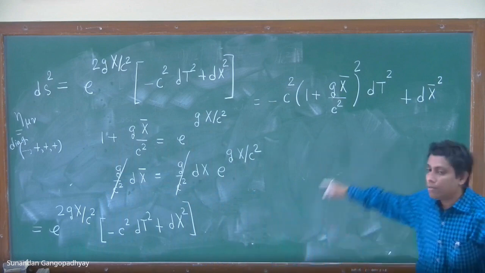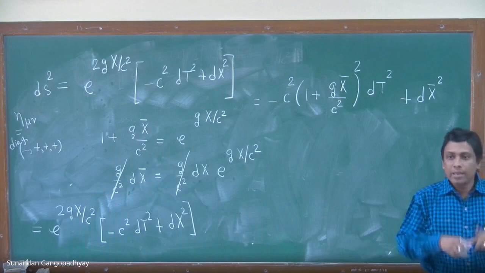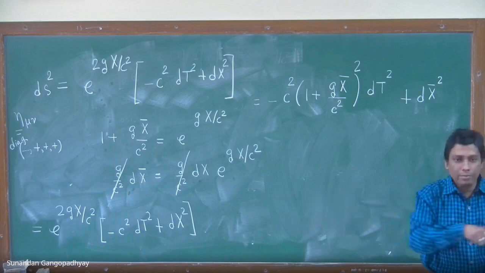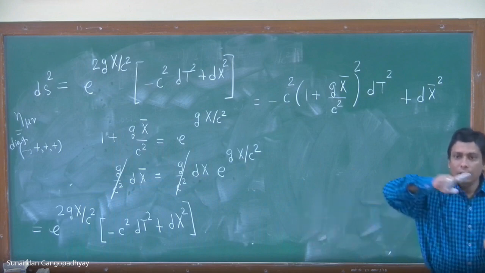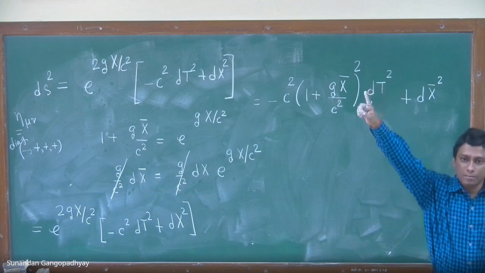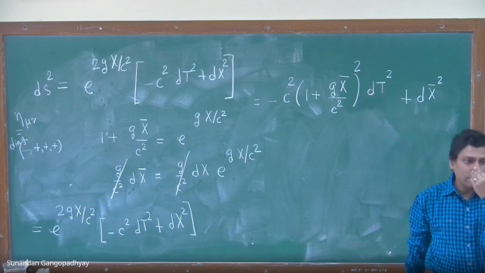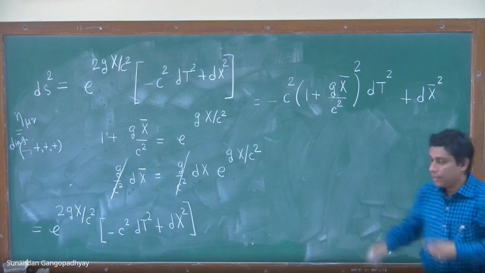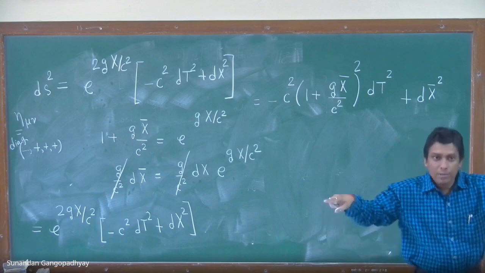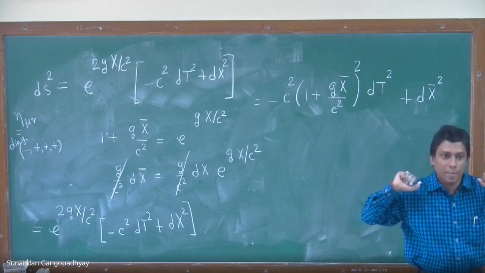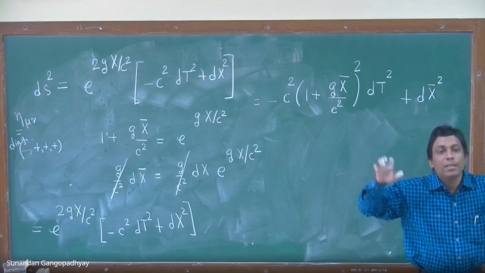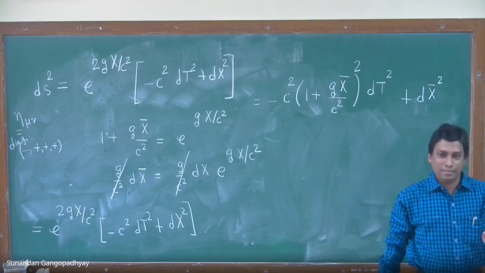So what we had here was no gravity, flat space-time, a uniformly accelerating observer. By this quote unquote equation, the same thing is now in this T, x frame, which is no longer inertial. This is in a uniform gravitational field.